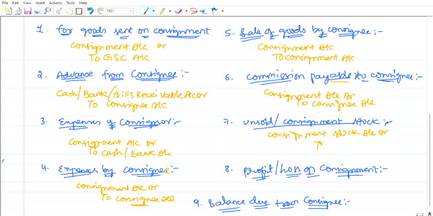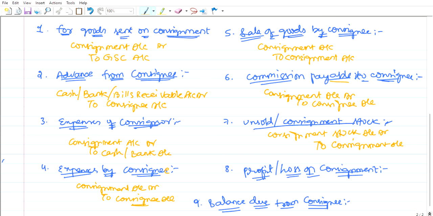Consignment stock account debit to consignment account.